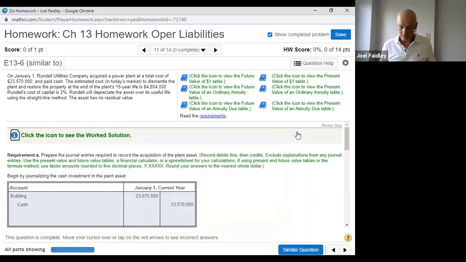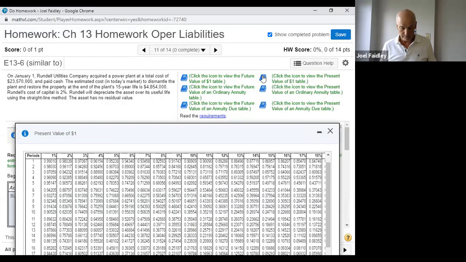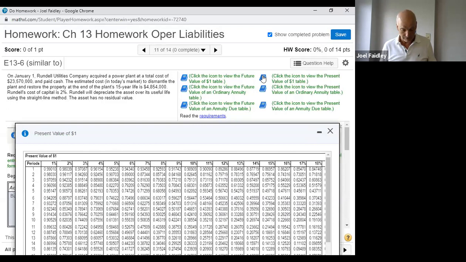If you were using a table for this, we would want to use present value of $1, which is that table right there. If we're going to find 2% for 15 years, that factor is 0.74301.